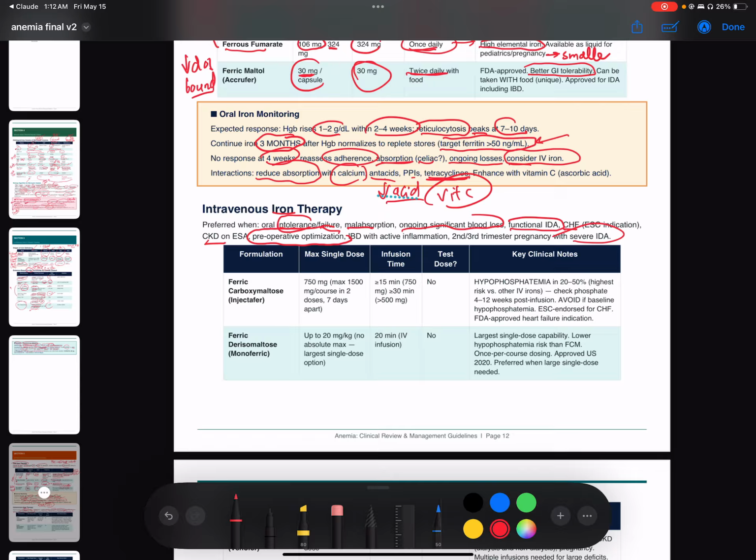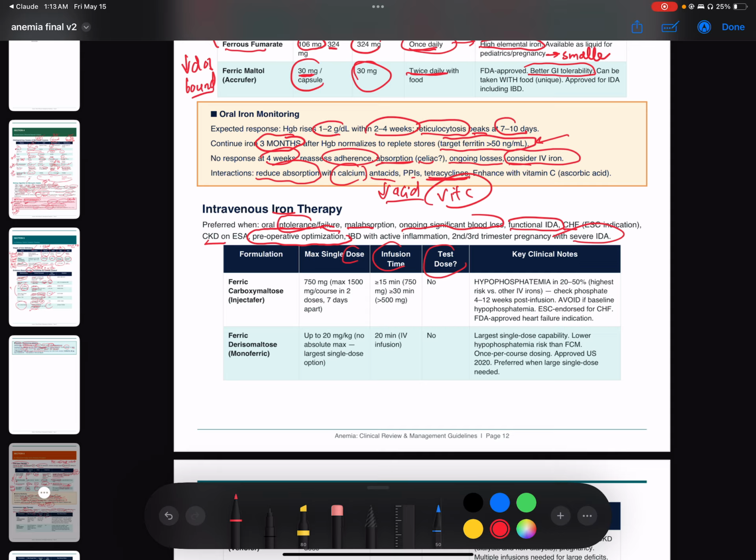So all the different IV irons will differ in the dose, the frequency, the infusion time, and whether you need to do a test dose. Historically, the classic iron was the high molecular weight dextran. Because it's higher molecular weight, these patients sometimes will go into anaphylaxis.